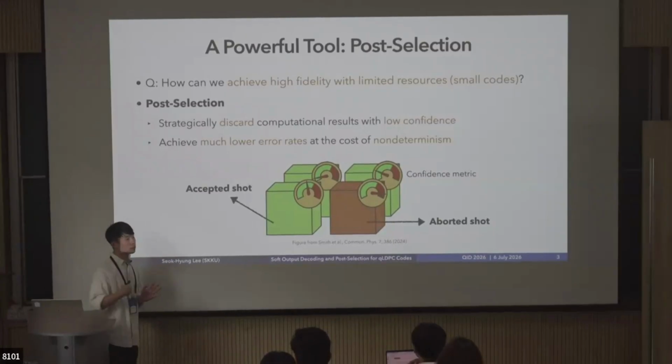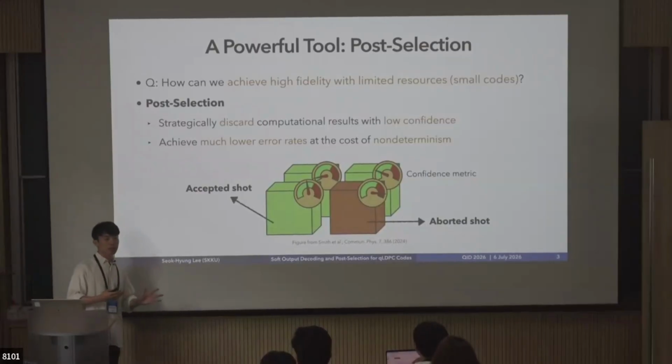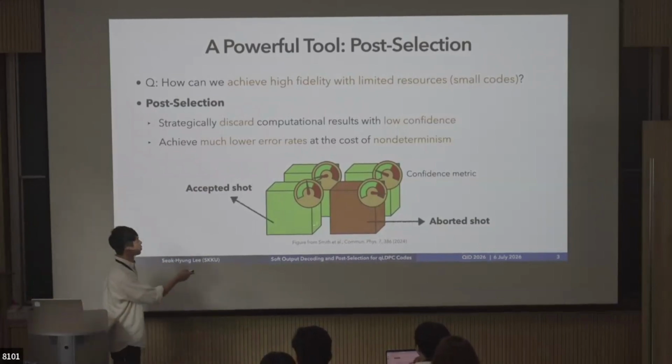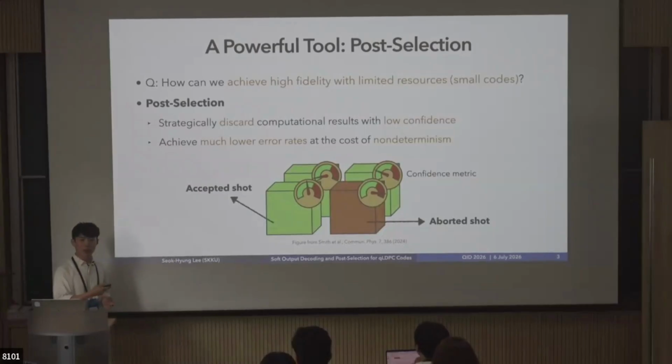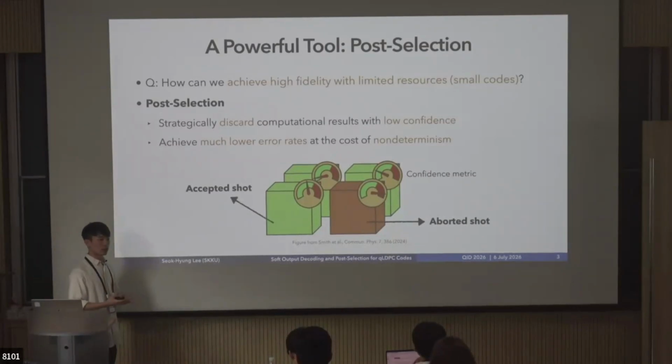And if the confidence is lower than a certain cutoff value, then we can abort the shot, which means we reject the shot and don't consider it as our main input. So the conditional logical error rate, I mean the logical error rate conditioned on acceptance, could be much lower than the original one that we could achieve without post-selection.